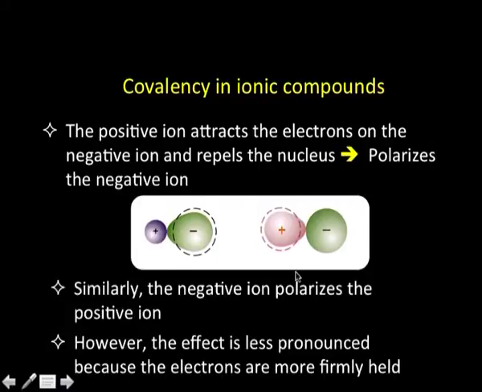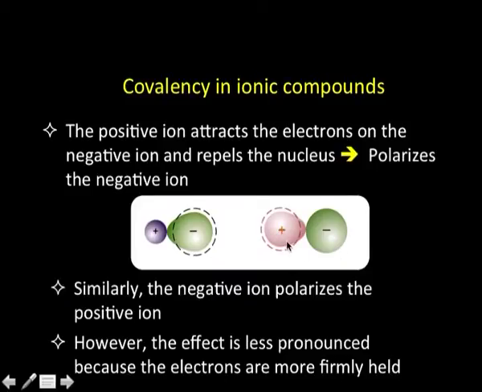Similarly, the negative ion also polarizes the positive ion, and the extent of polarization done by the negative ion on the positive ion is much less as compared to that of the positive ion polarizing the negative ion. It is so because in the negative ion, the electron cloud is much more diffused and easily polarizable, whereas in the positive ion, the electrons are held more firmly by the nucleus, and it becomes difficult to polarize it.